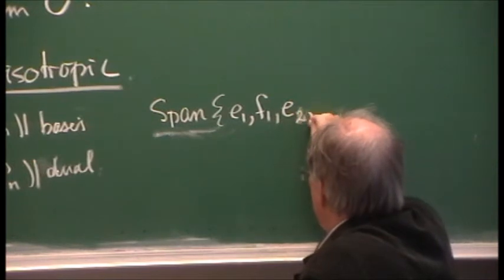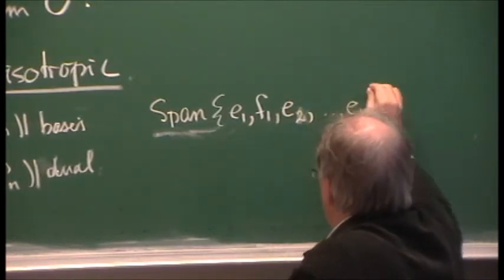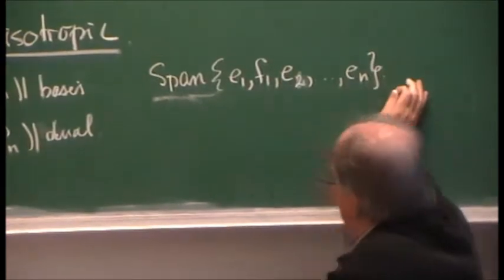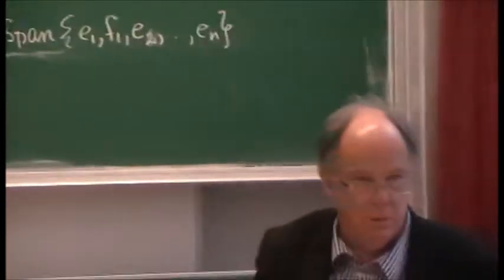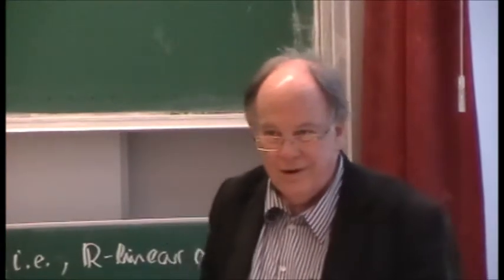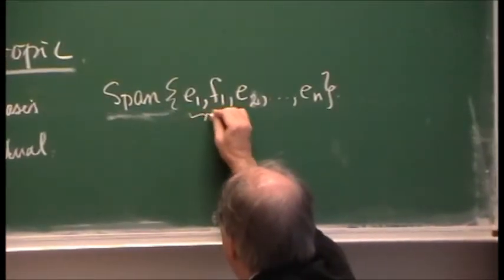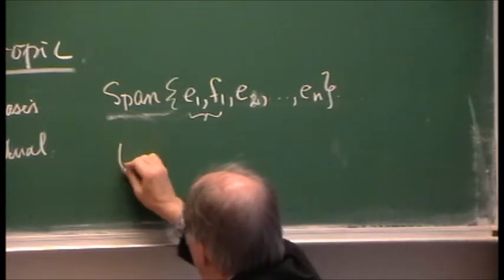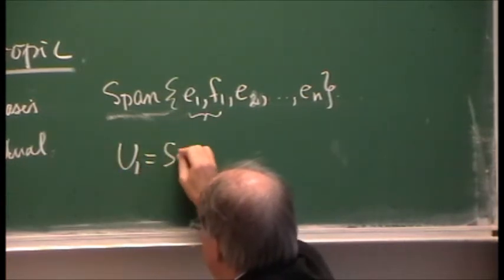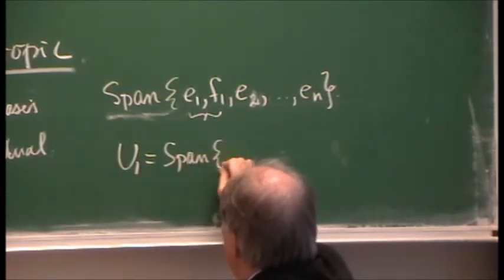So, I don't know, E2 through En. Let's try that. Okay. Now, what about this space here? Let's call that U1, the span of the space in here.